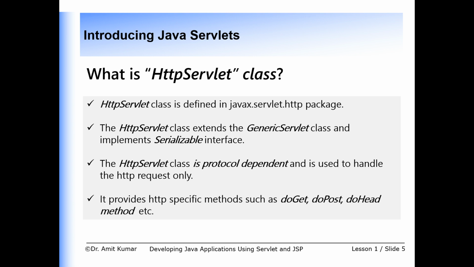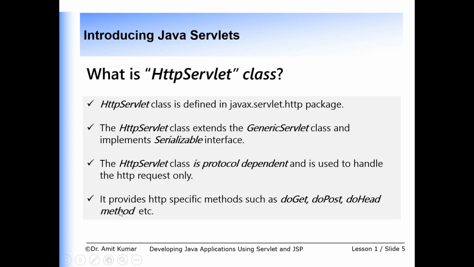And the HttpServlet class is protocol dependent. It means it is not generic; it cannot handle any type of request. It is used to handle only HTTP requests. That's why it is protocol dependent. If we talk about protocol dependence, it means we are concerned only with the HTTP protocol, which is used to handle HTTP requests only.